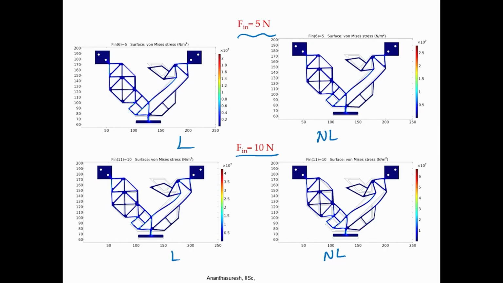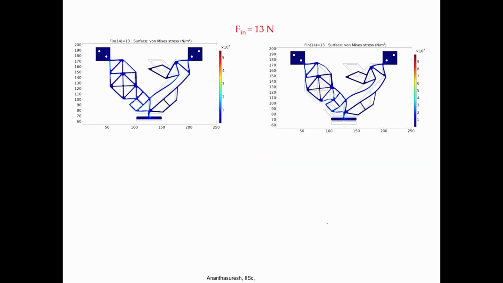You can look especially at this region. This has a lot more displacement compared to the linear case. Other places also you can see some differences. But if we increase the force, let us say to 13 newtons, then especially in this region, there are a lot more changes between linear and non-linear.